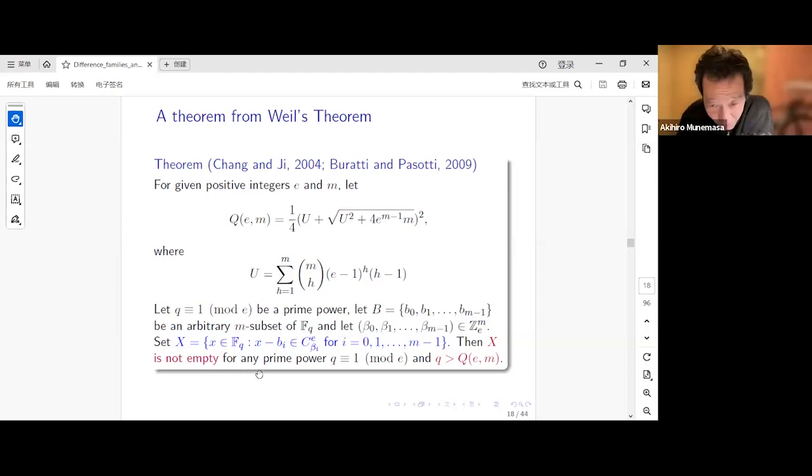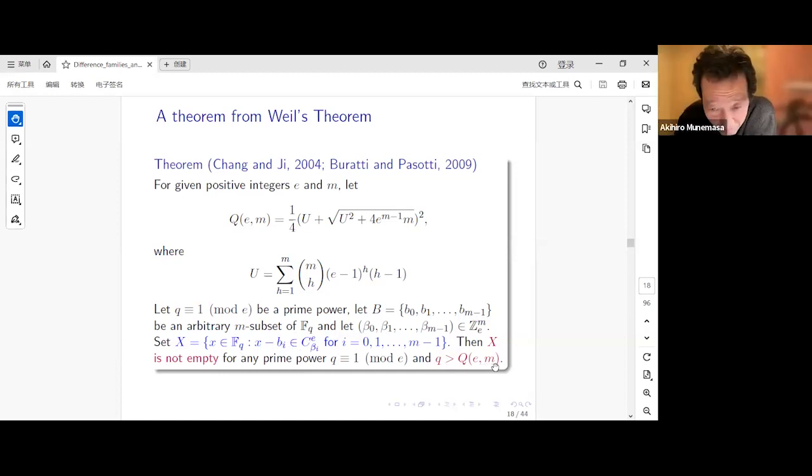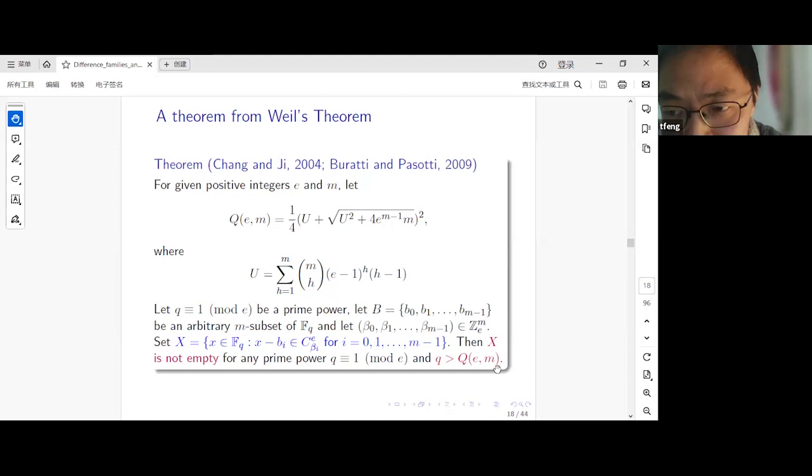But for that to be true, I think you need to assume that small q is sufficiently large. Yes, q is sufficiently large. So this very last inequality is a hypothesis, not the conclusion.